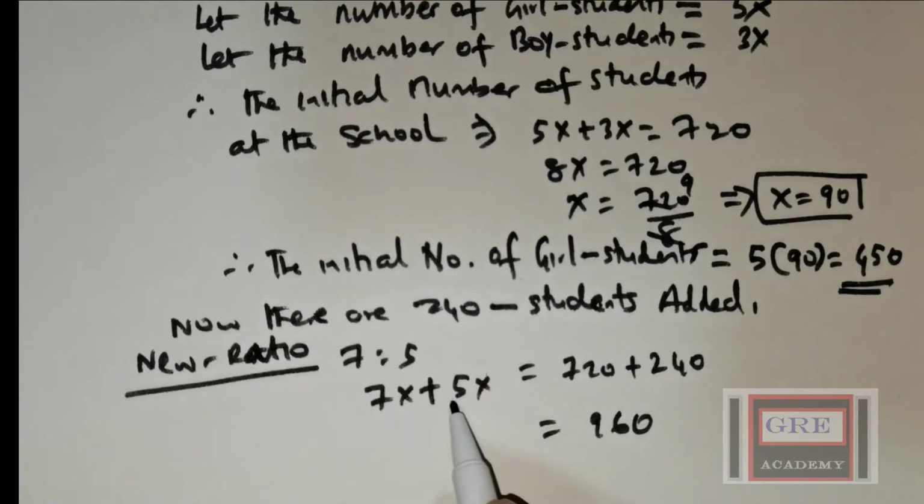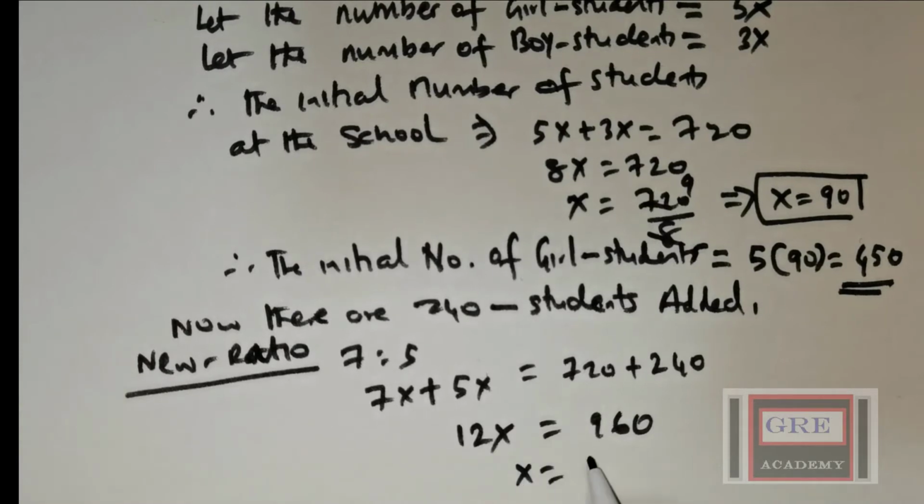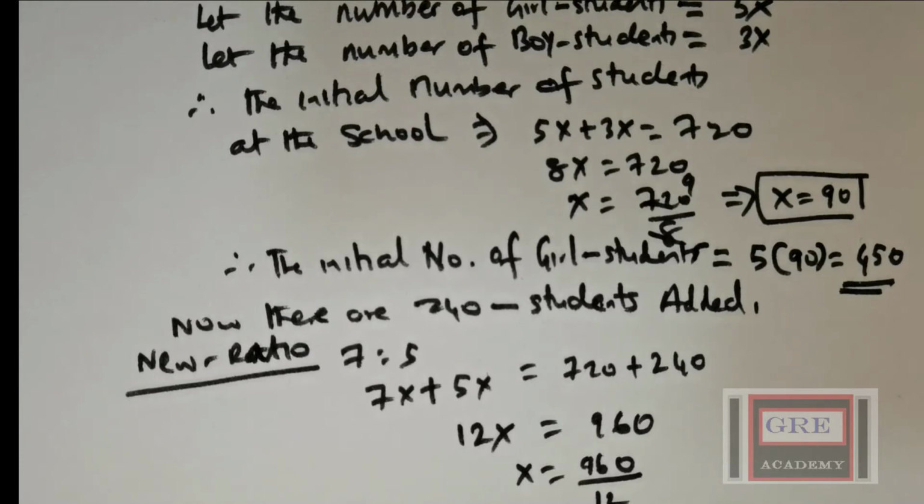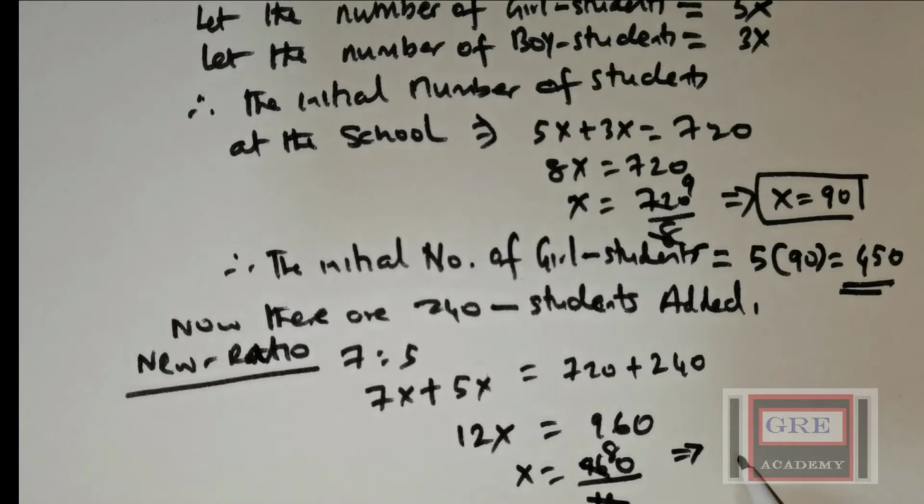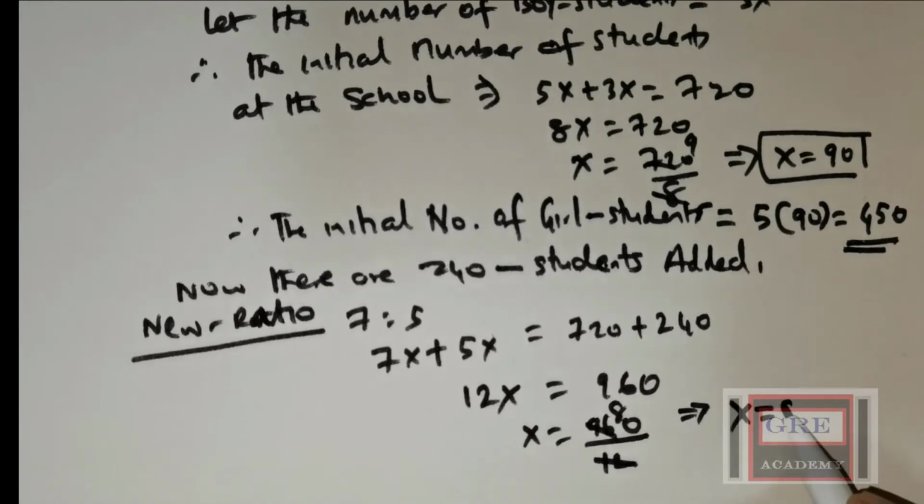Okay, 7x positive 5x, that's going to be 12x. So x is equal to 960 divided by 12. So 12 times 8, 8 2s are 16, that's going to be 96, 12 times 8. So this means I've got x to be equal to 80.